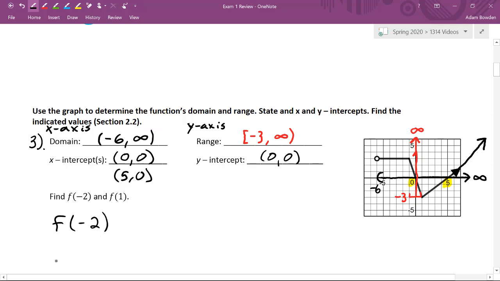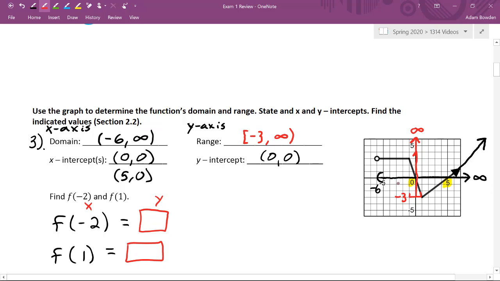Then to find these two values here, f of -2 and f of 1, keep in mind that the numbers -2 and 1 are referring to x numbers, and the values we're going to have here for the function are going to be the y values.